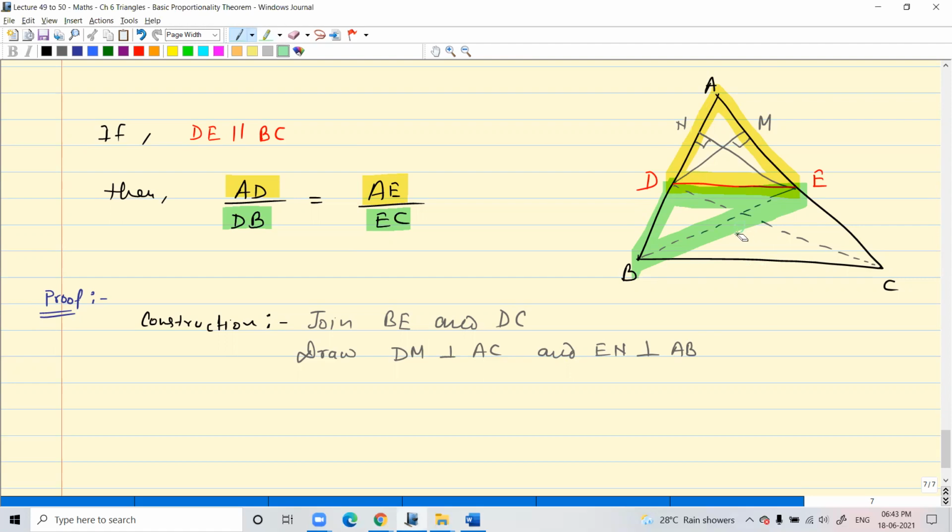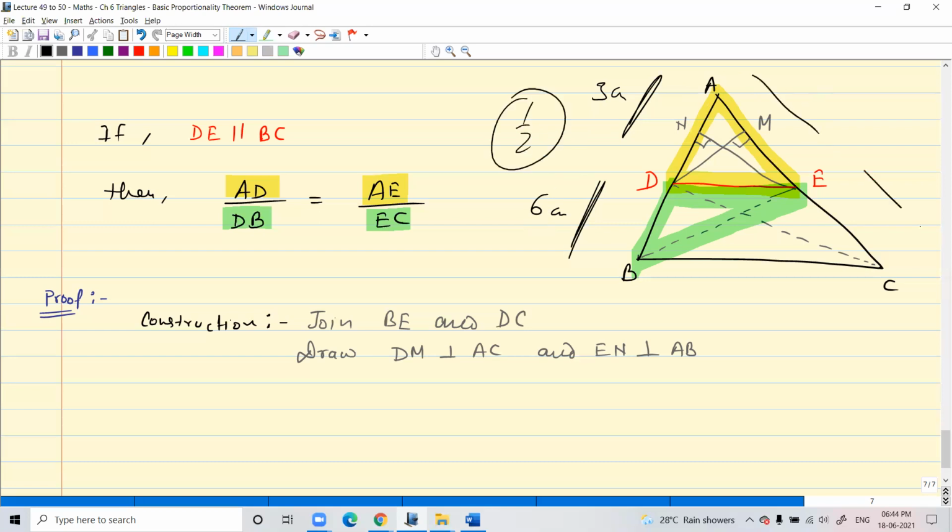See, first of all, we need to understand that I am not saying that DB is equal to EC. They are not equal. I'm only saying that AD by DB, whatever the number is, let's say if this is 3 centimeter and this is 6 centimeter, then the ratio AD by DB is 3 by 6, that means it becomes 1 by 2.